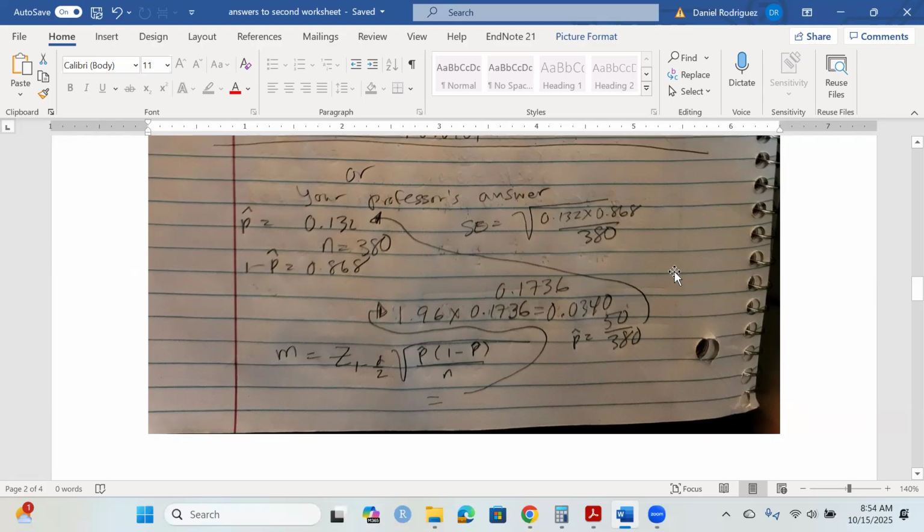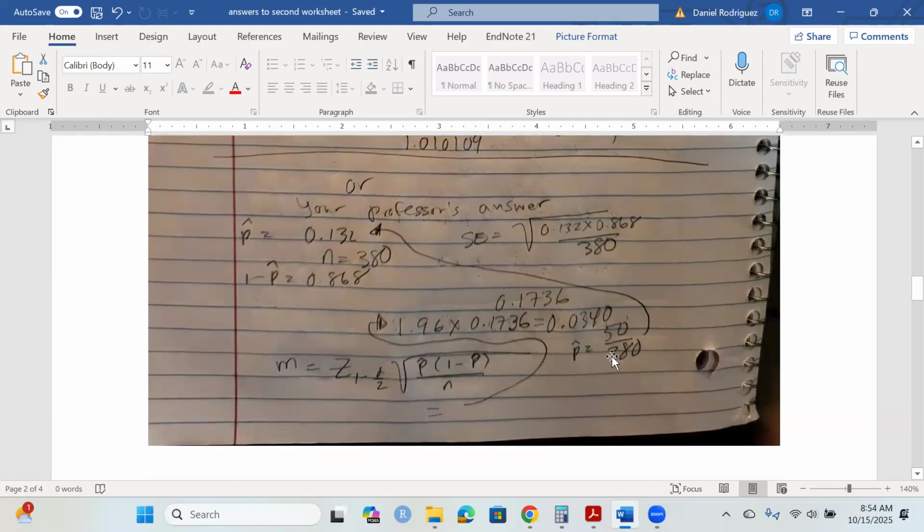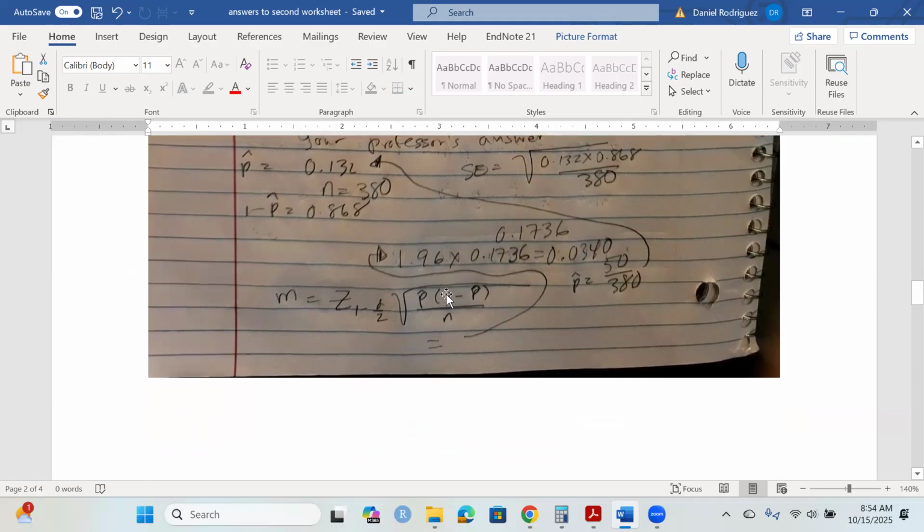So let's start by calculating the proportion. The x was 50 again, so that's what she meant, 50 successes divided by 380. That gives me 0.132. For this equation that she's using for the standard deviation, it's the estimated proportion times 1 minus the estimated proportion, divided by n.